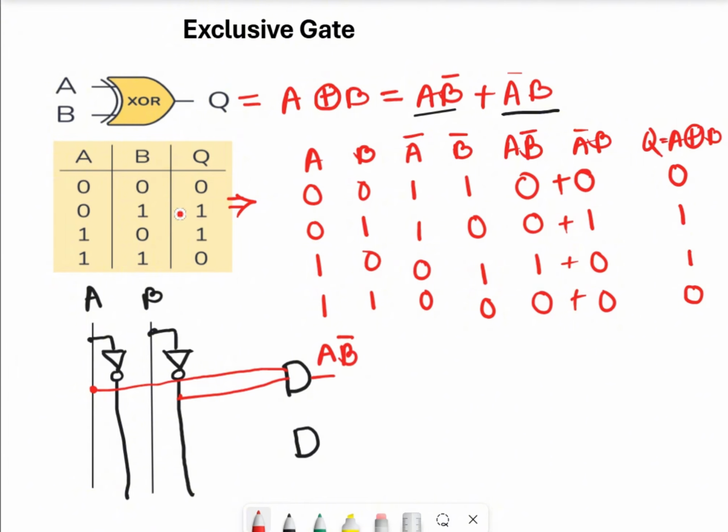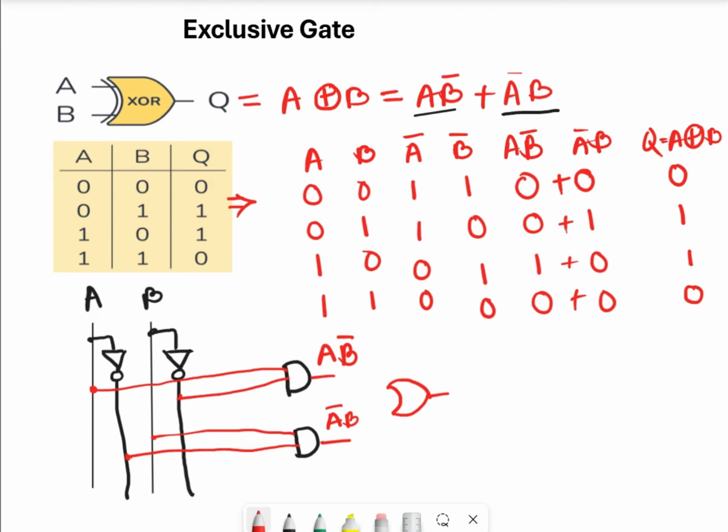Same as this will be B, and from A bar, here we'll find A bar B. Now we have to sum up these two, so we have to use an OR gate.